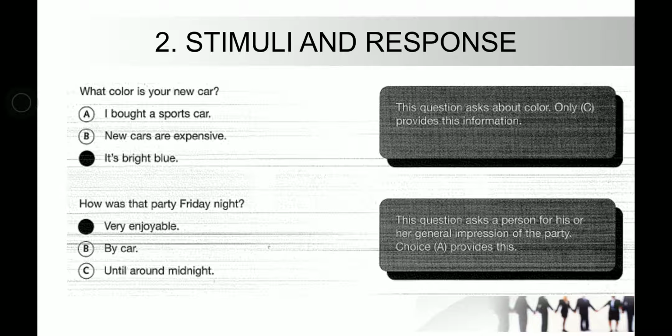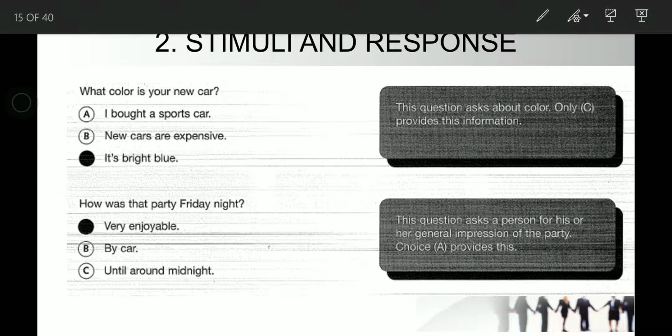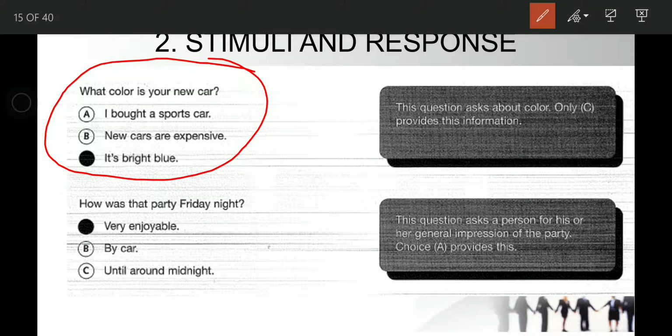Okay, so this is the example. All of the questions, stimuli and responses will be spoken, not written in your worksheet. So you have to listen carefully. The example: what color is your new car?